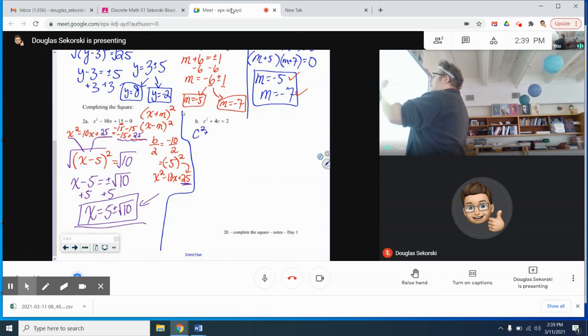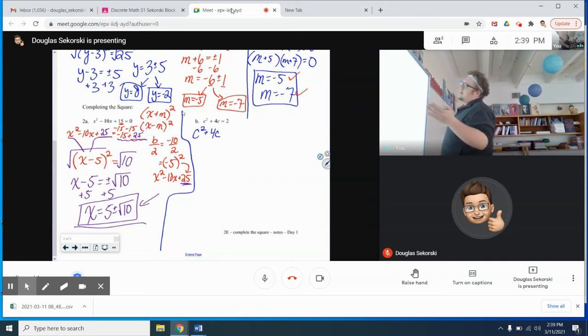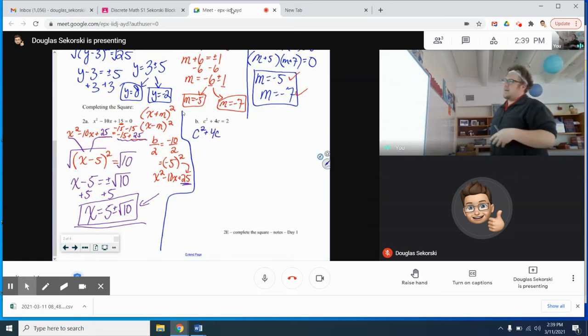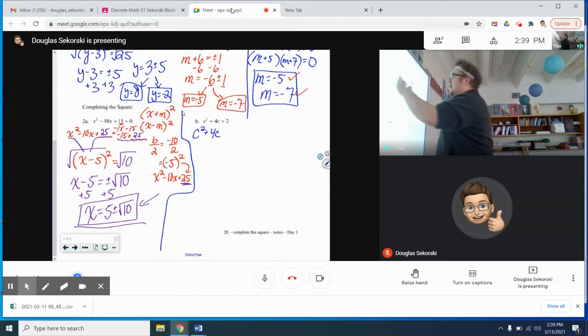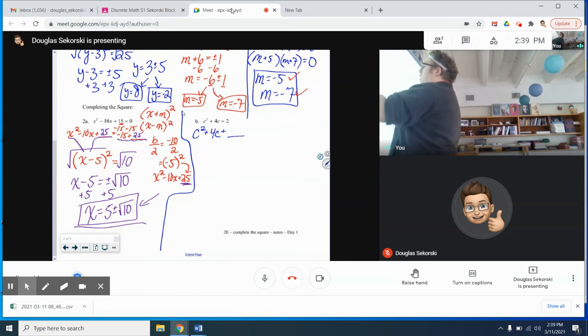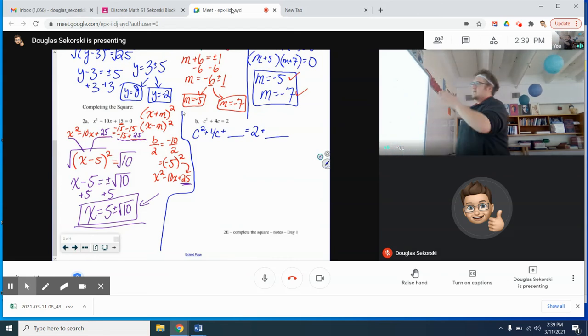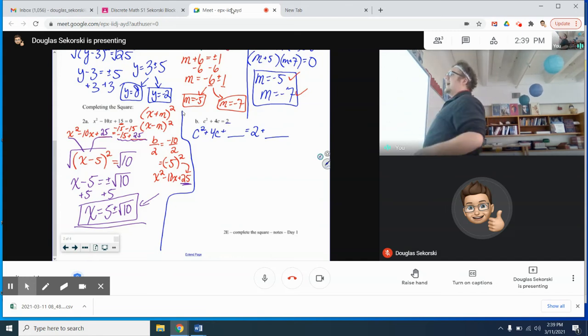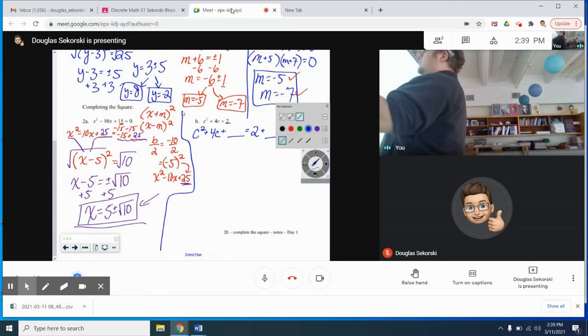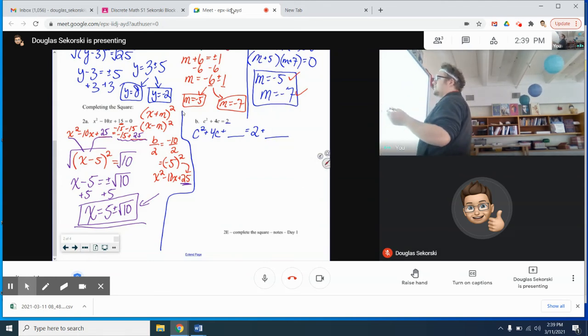So, this time, the given quadratic did not give us a number, and that's okay. That's actually really good, because here's what we're going to do. We're going to set this up as c squared plus 4c plus a blank, because we have to make that the correct number. And we set it equal to 2, because that's on the other side. But remember, whatever we do to one side, we have to do to the other.